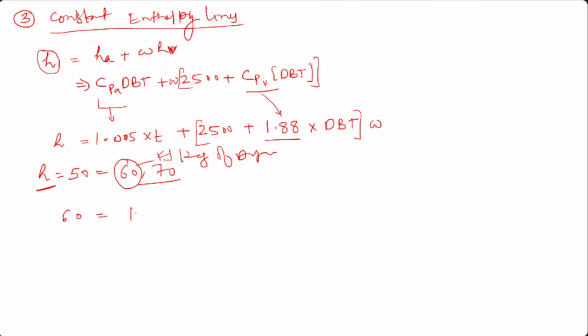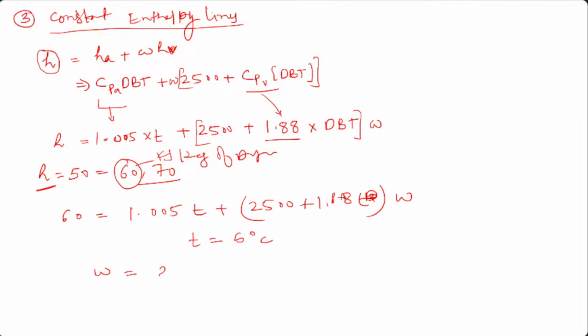60 equals 1.005 T plus (2500 plus 1.88 T) omega. So now let's put the value T equals 5 degrees. You can calculate omega.